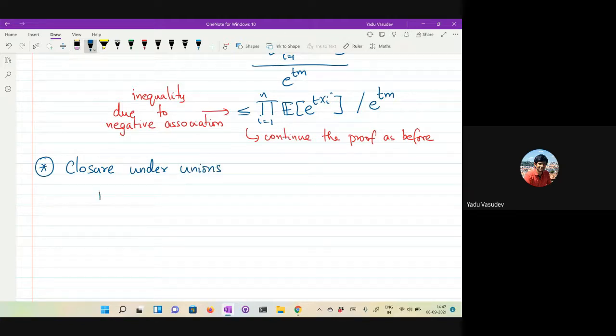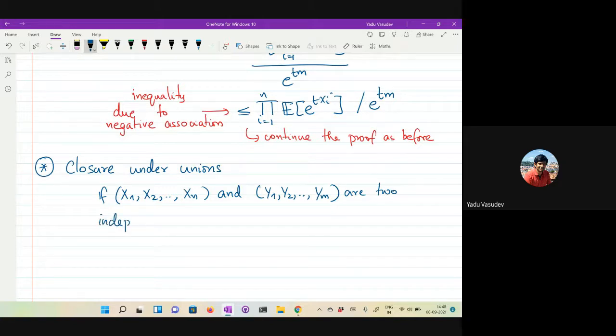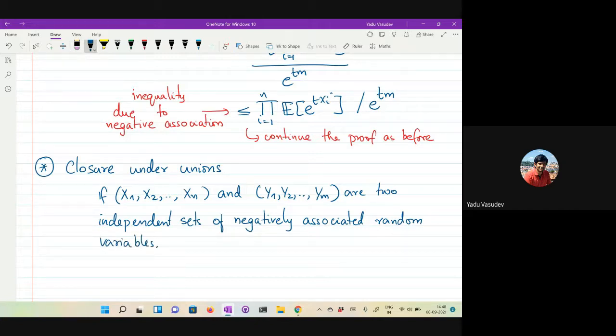Okay. So what does it say? It says that if x1, x2, and so on till xn, and y1, y2, and so on till ym are two independent sets of negatively associated random variables, then the union, the set x1 up till xn, y1 up till ym, is also negatively associated.